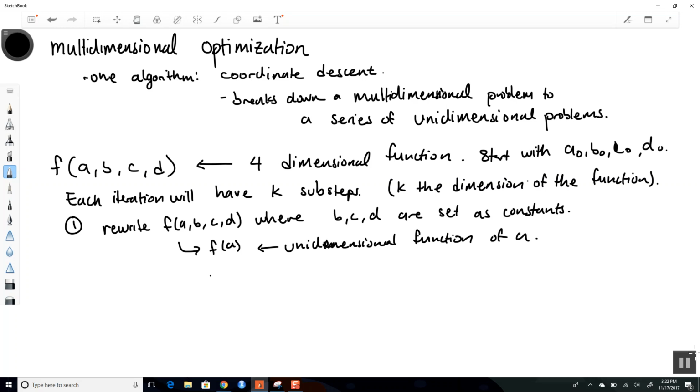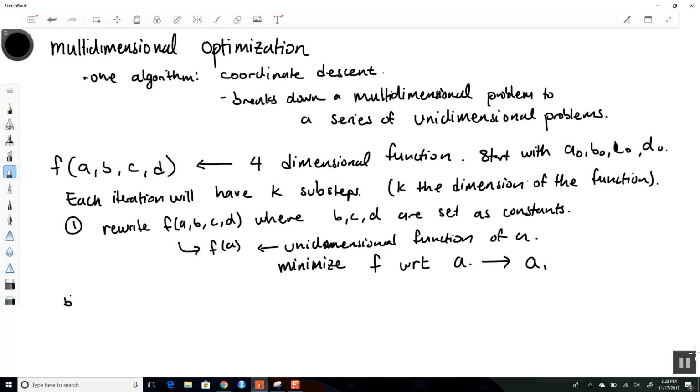Unidimensional function of A, and then you minimize f with respect to A. So you just find the minimum value, and that we will set to be the next value, A1. Okay.